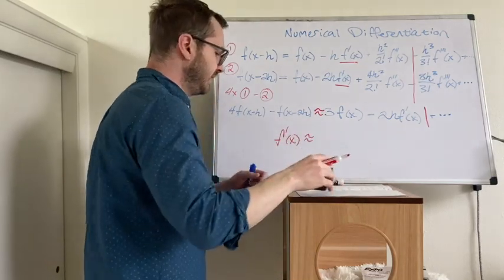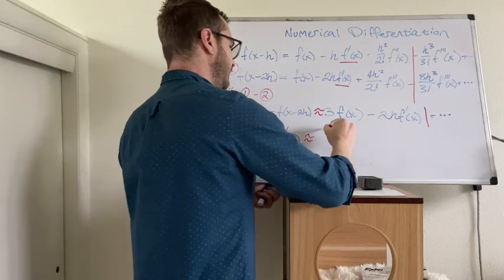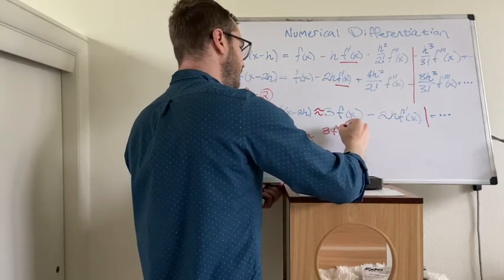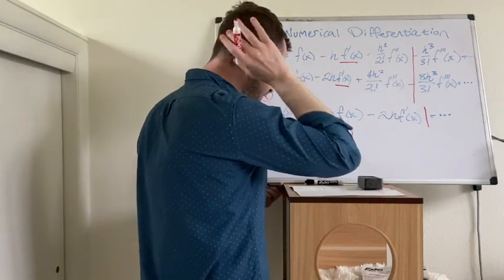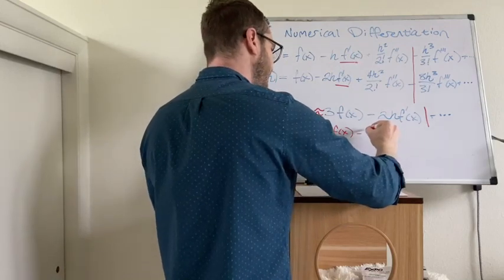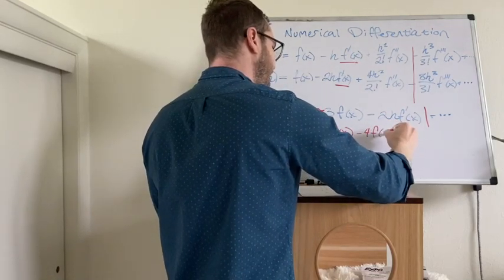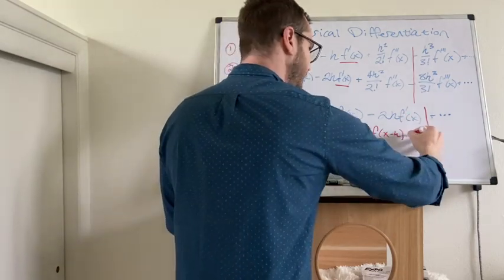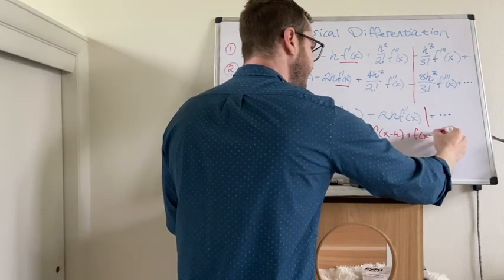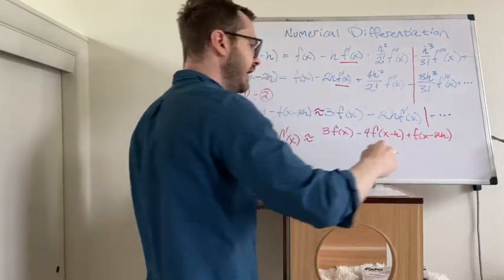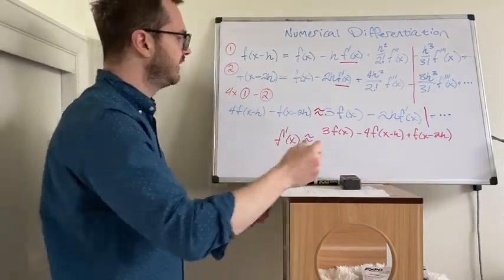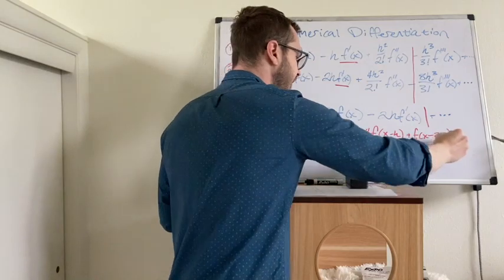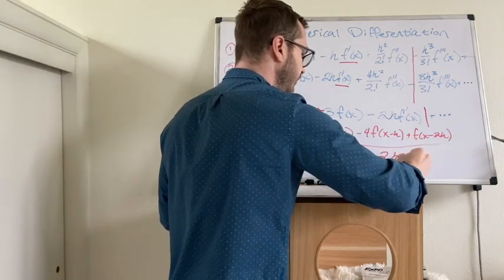This is approximately equal to 3 f of x minus 4 f of x minus h, and then plus f of x minus 2h, and then that quantity is all divided by 2h.